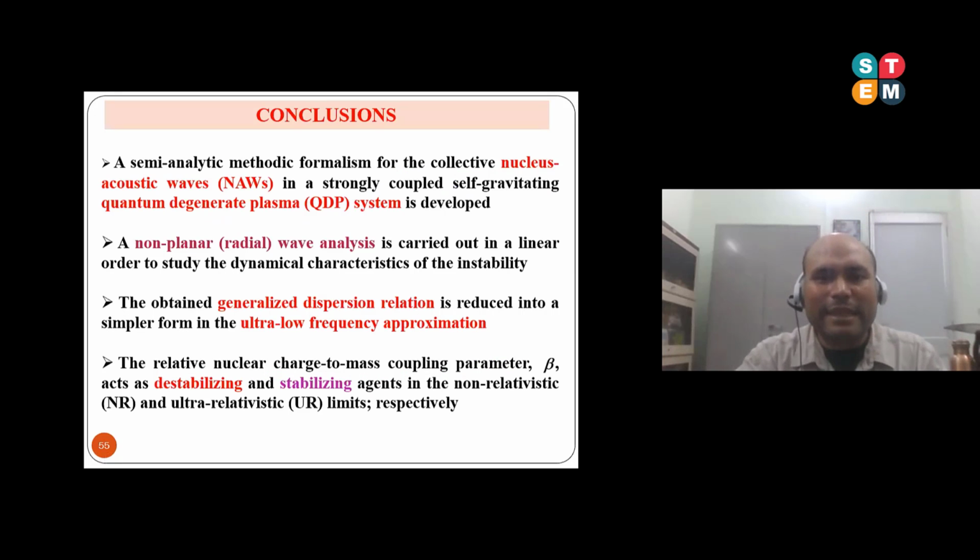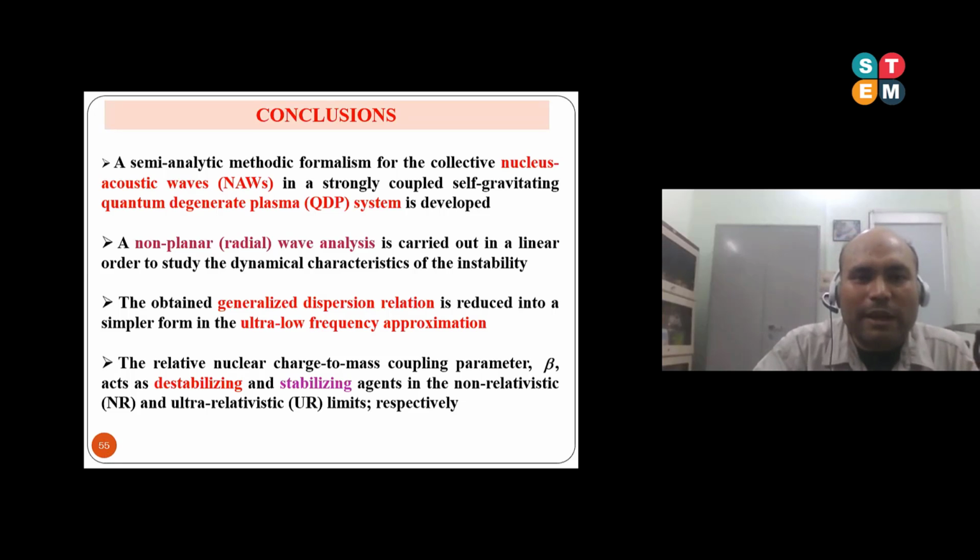This is the overall conclusion we have drawn: a semi-analytic model has been constructed to study nucleus acoustic waves in both regimes, linear as well as nonlinear. It includes non-planar radial wave analysis, that is spherical wave analysis, without any contribution considered from the polar as well as azimuthal directions.